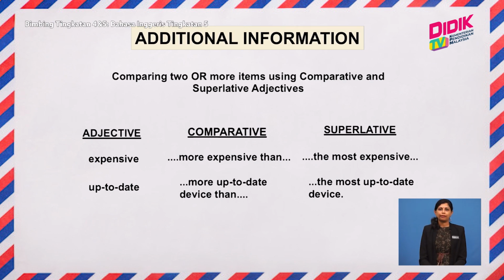So you can use the word more in front of the adjective, followed by the word than. So for the word beautiful, you can say, she is more beautiful than the rose. In its superlative form, the sentence using the word beautiful can be written as, she is the most beautiful girl in town.